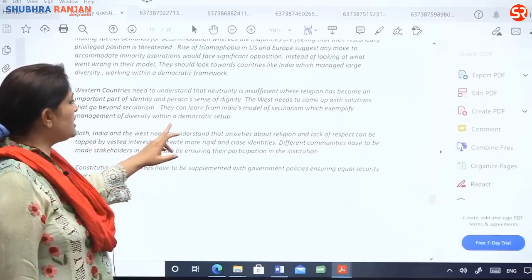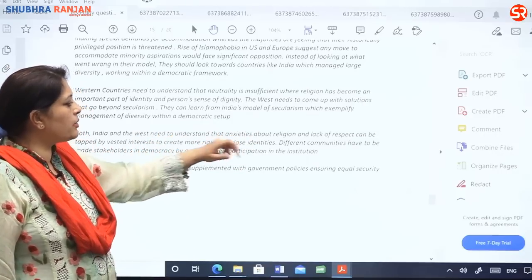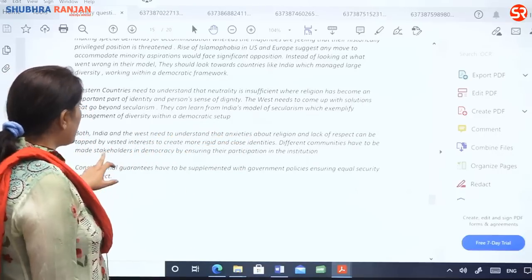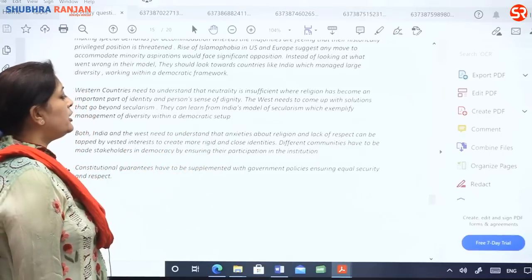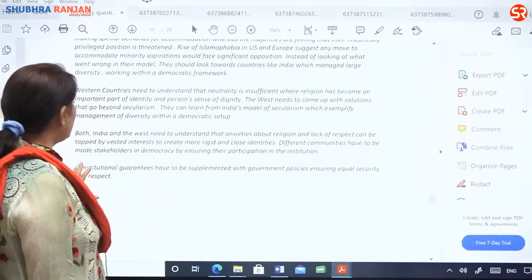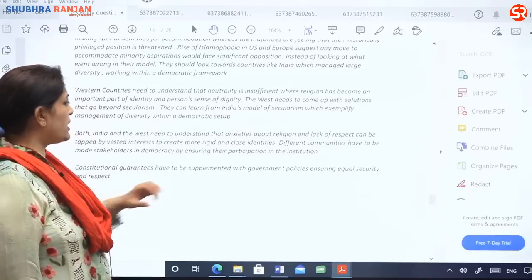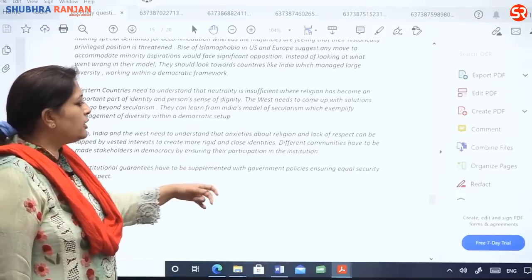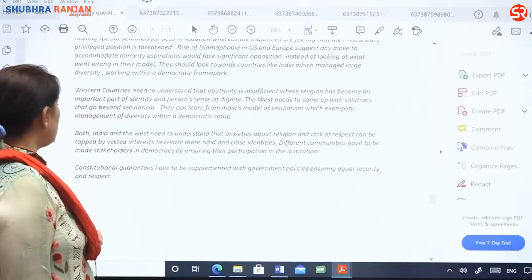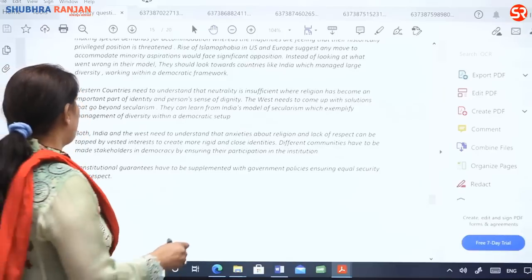Both India and the West need to understand that anxieties about religion and lack of respect can be tapped by vested interests to create rigid and closed identities. Different communities have to be made stakeholders by ensuring their participation. Constitutional guarantees have to be supplemented with government policies ensuring equal security and respect.